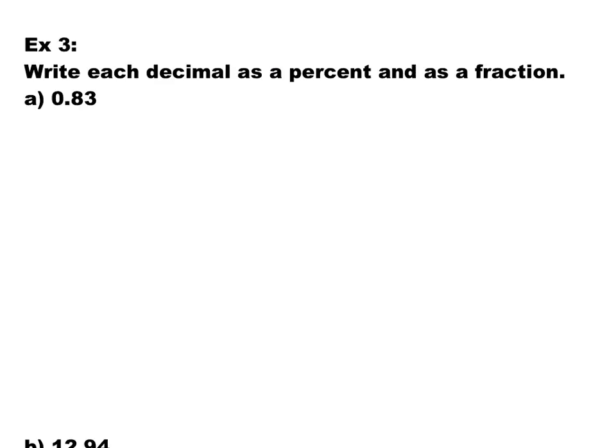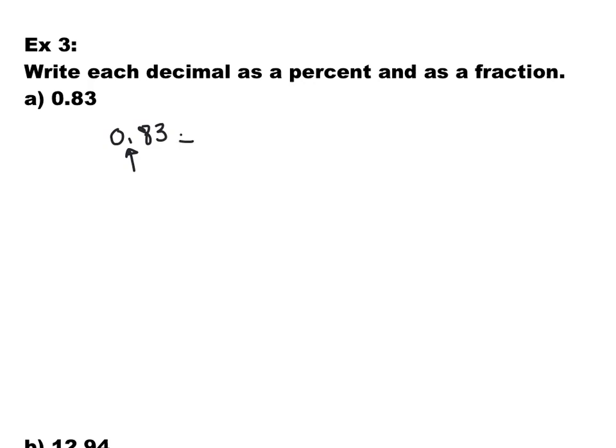The next example is to write 0.83, which is the decimal form, as a percent and as a fraction. First of all, 0.83, if you look at the decimal point, it's 2 digits to the left.